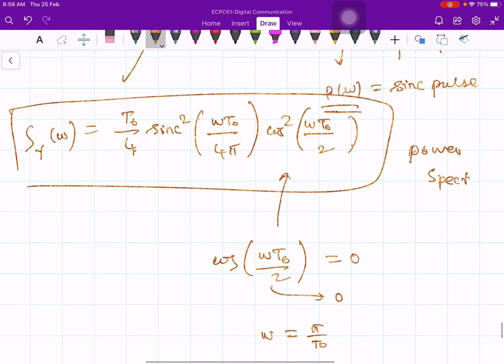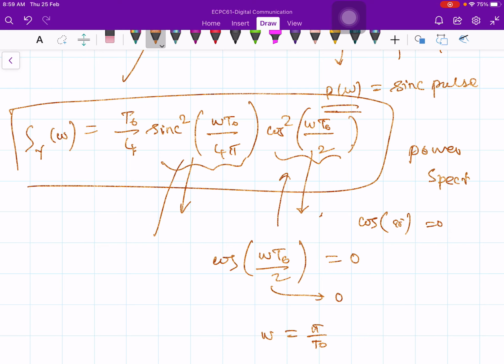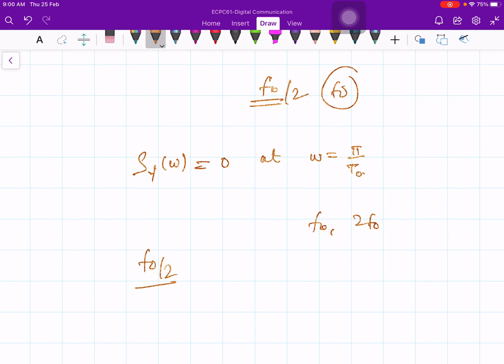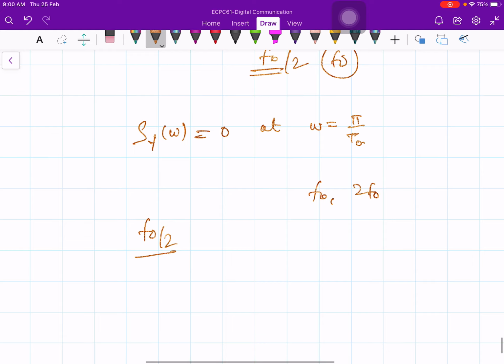Okay, you take this sinc square function and the cos square function and find out at which point this cos square function touches 0 for the very first time, because cos 90 is 0, right? You can substitute, or you can take sinc function. Therefore we can expect the main lobe to have a width of f0 by 2 on either side of 0. That's precisely what we got here.